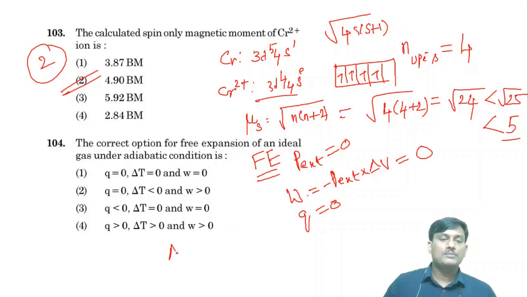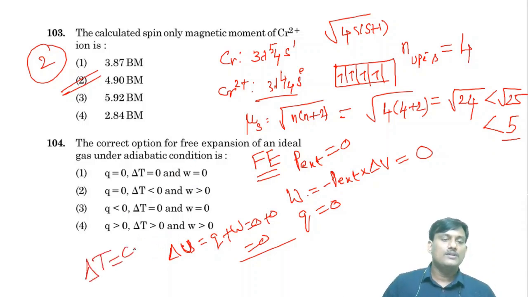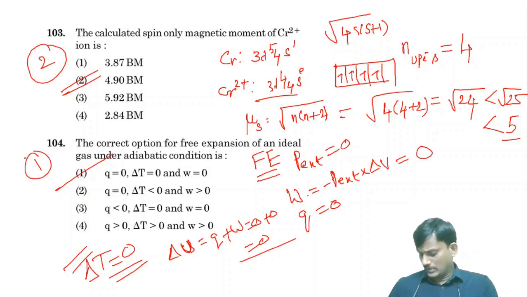According to the first law of thermodynamics, change in internal energy delta U is equal to Q plus W. Both are 0, so delta U is equal to 0. For an ideal gas, when there is no change in internal energy, T is constant, so delta T is equal to 0. So the options: Q is equal to 0, delta T is equal to 0, W is equal to 0. This is the correct option, the first one.